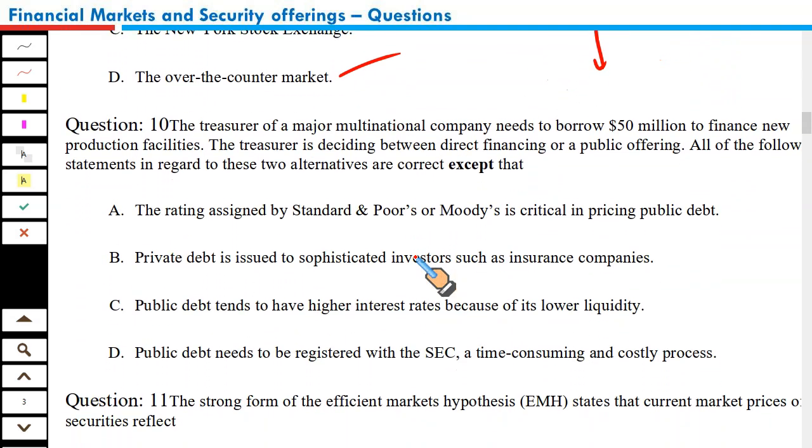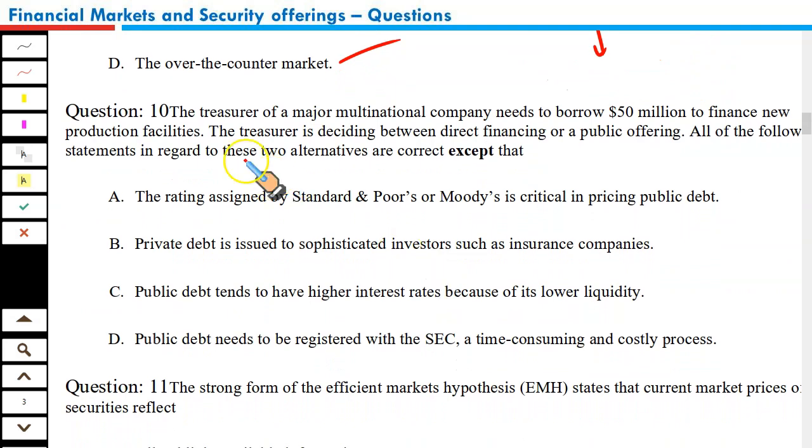Okay, now this is a good question, gentlemen. The treasurer of a major multinational corporation needs to borrow 50 million to finance a new production facility. That's a lot of money. The treasurer is deciding between direct financing or a public offering.